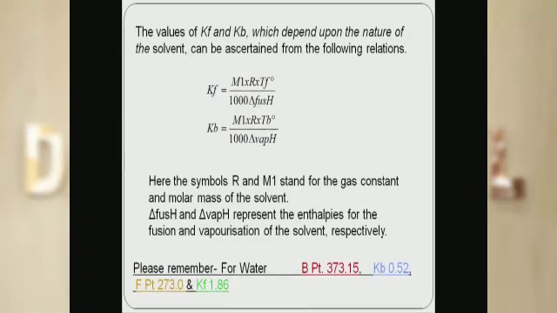So from all these values you can calculate Kf and Kb. Students, please do remember, do learn, do cram these values for water. Though normally these values are given in the question paper, once in the board exam the Kb value was not given. So for water, please remember the values like boiling point, value of Kb, freezing point and Kf.